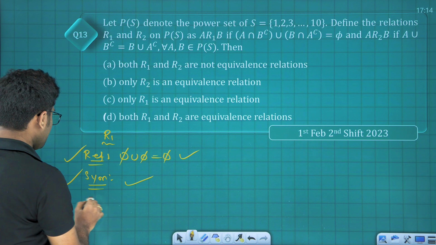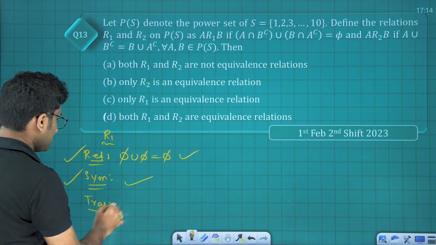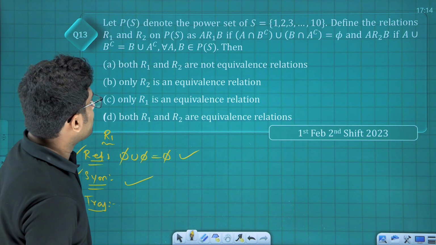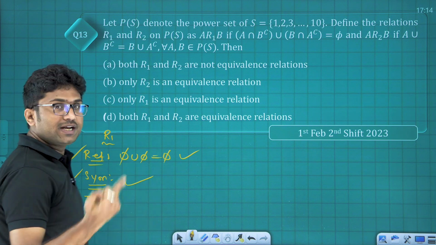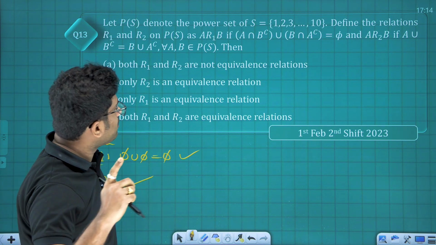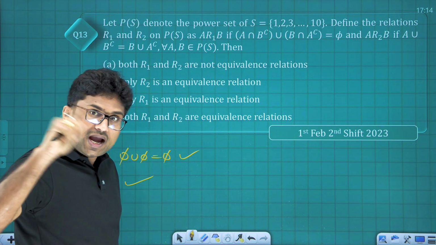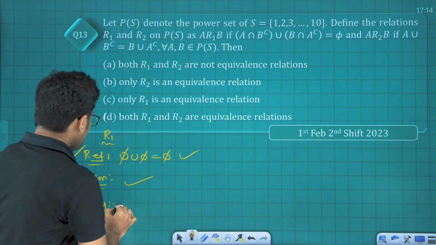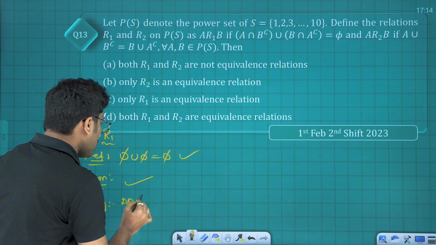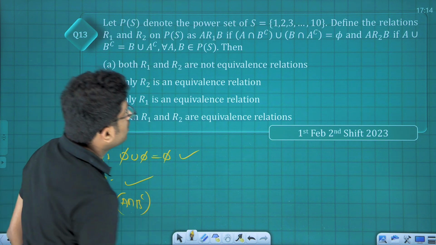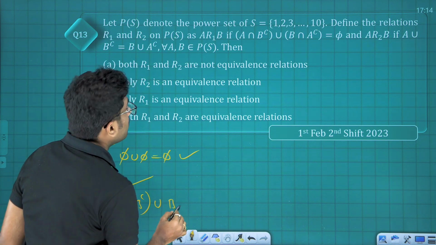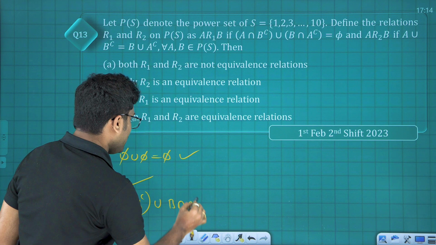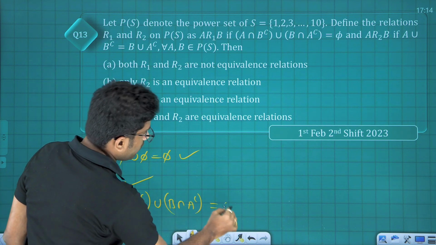Now transitivity. Coming to transitive, friends, first A is related to B and B is related to C. From there we have to check for A related to C. So A intersection B complement union B intersection A complement is equal to phi.